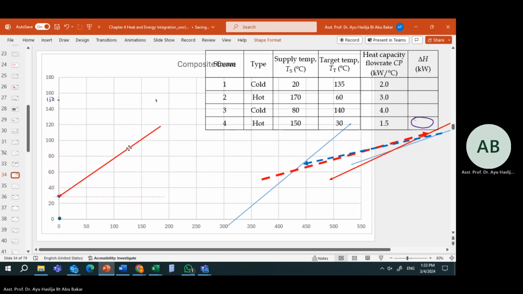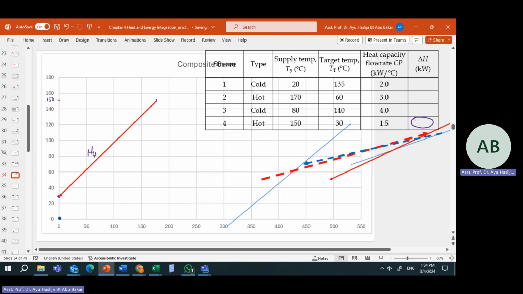That is your H4. Right? So up to 150 at 180 here. Agree? Right? Okay, so this is H4.